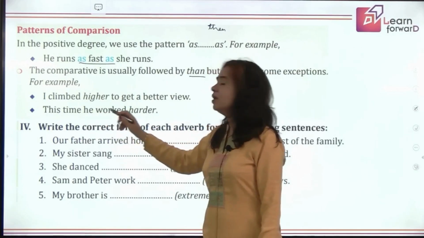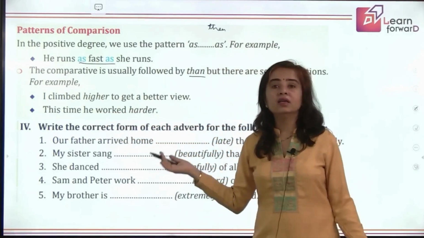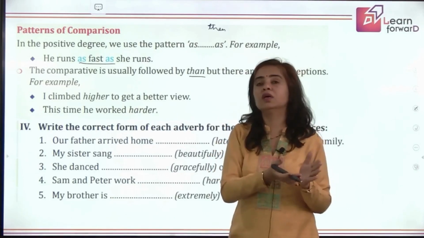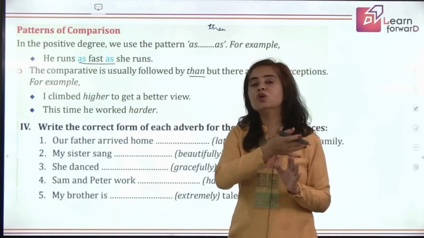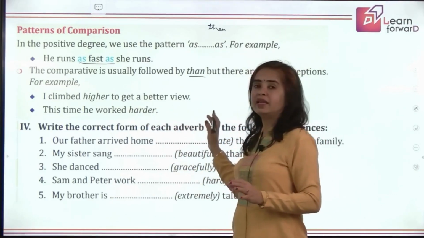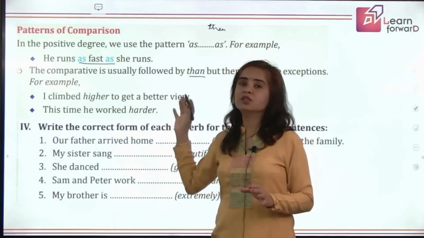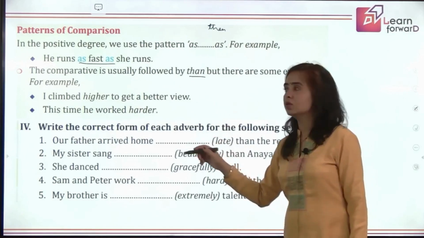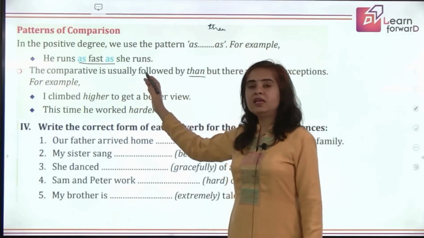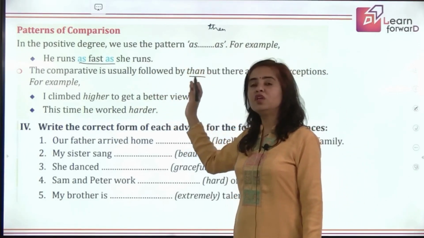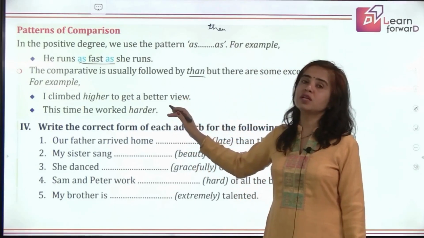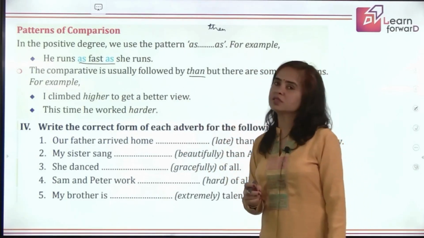This time he worked harder. That means we are making comparison with his own hard work previously. So we are not writing anything beyond it than his previous work like that. No. So it's all implied. It's understood. So normally, just like in adjectives, we use than after the comparative degrees. Here also we use than, but exceptions are there.